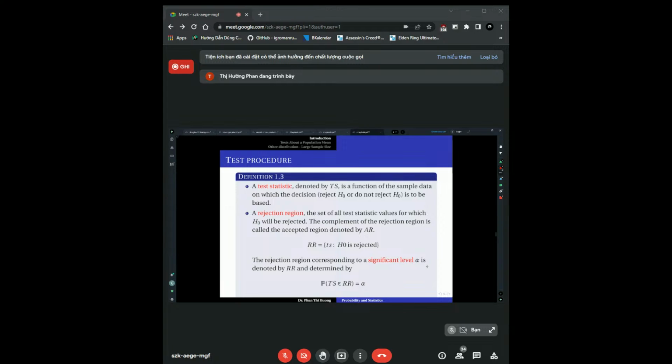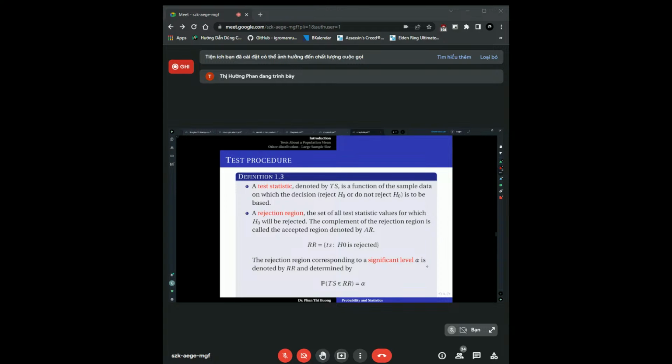Remember that hypothesis testing is a method based on sample data. So we need a quantity calculated from the sample data that can tell us the decision.